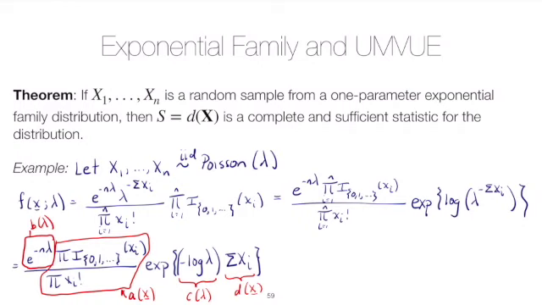So we've been building things up all along, not knowing about the exponential family of distributions, but working with the Poisson distribution that is in the exponential family. And we had to find, maybe the hard way, that the sum of the xi's is sufficient and complete. But what this shows, using this theorem, is that we get it for free. We know that if we can split up the joint distribution and show that it's from the exponential family, then we just read off the d of x as sufficient and complete.